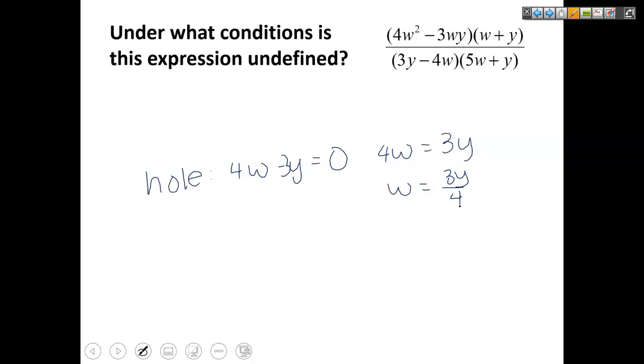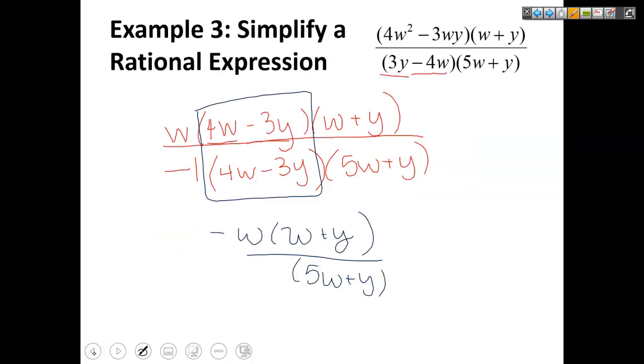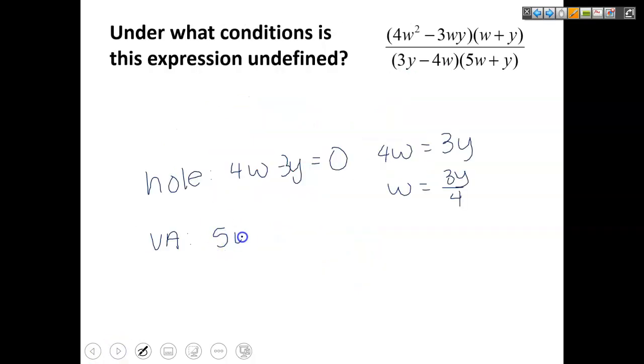Those are all fair conditions. And then it will have a vertical asymptote when 5w plus y equals 0. And again, you could say when w equals -y over 5. But the conditions for which it's undefined are a little bit more unique.